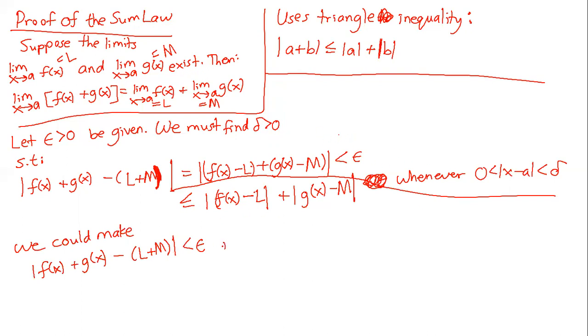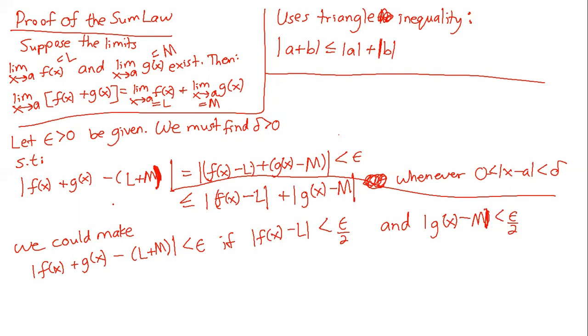We could do this if the absolute value of f of x minus L was less than epsilon over 2 and g of x minus M was less than epsilon over 2 whenever this statement over here was true. Because then when we sum them up over here, that's less than epsilon, and we have an upper bound.